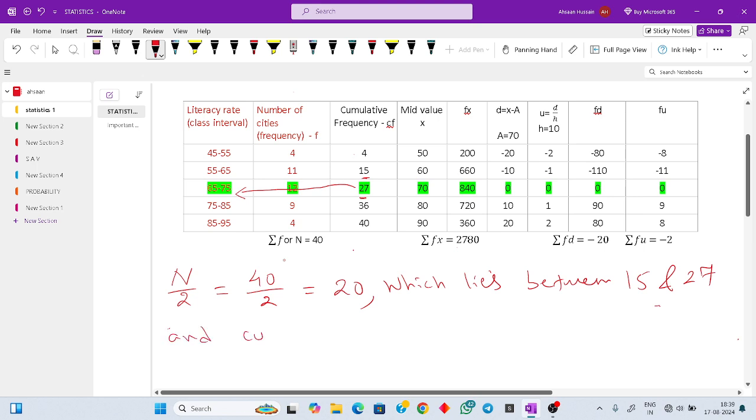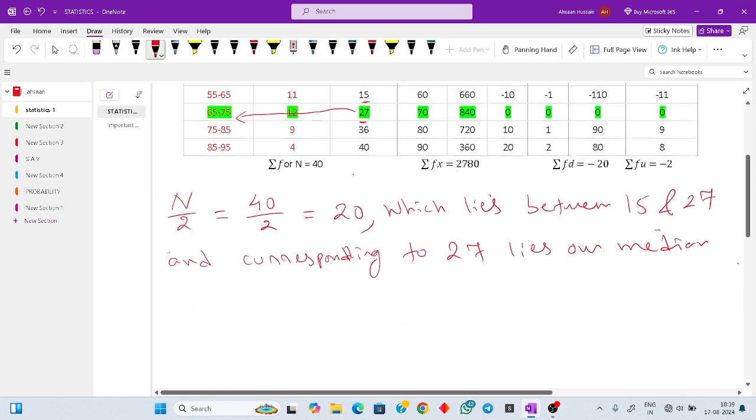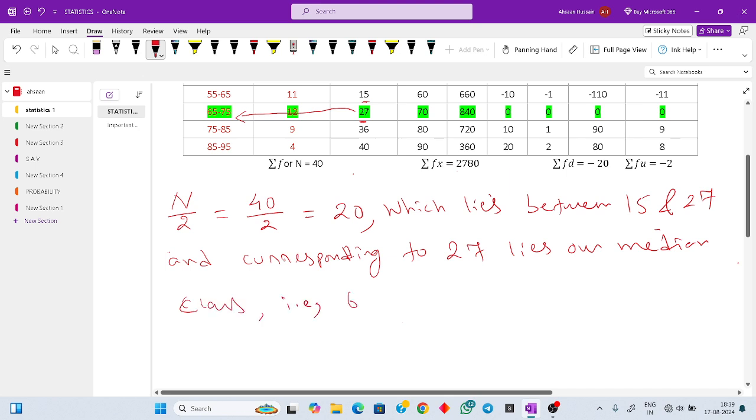and corresponding to 27 lies our median class, that is 65 to 75. That's why I've highlighted this in green color.